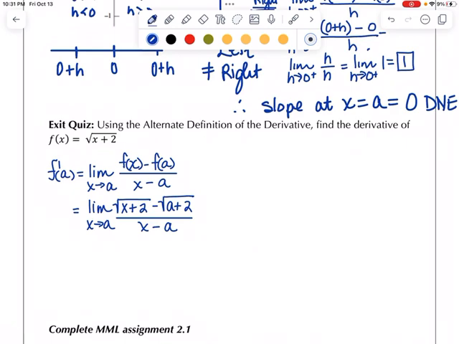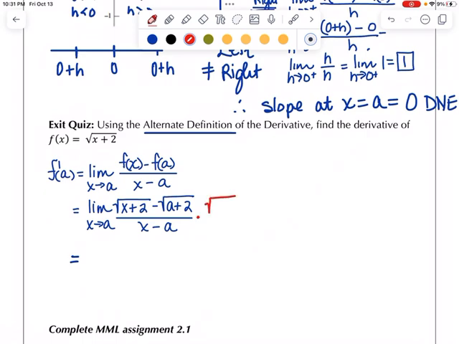Okay, so laying this out, we have f prime of a then is equal to the limit, using the alternative definition, as x goes towards a of f of x minus f of a over x minus a. So when you do this, if you put in a right away, direct substitution, you're going to get 0 over 0. So right away, we're going to multiply by the conjugate.